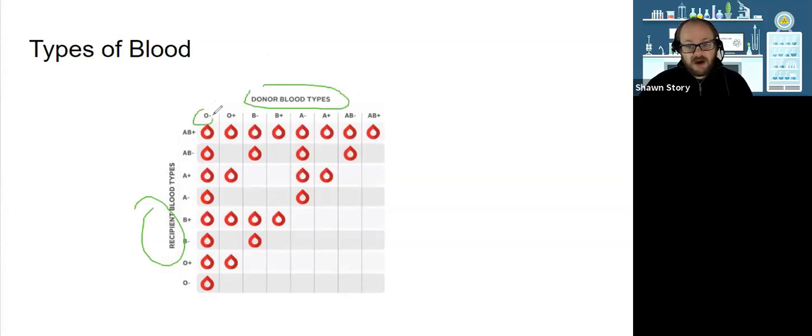And like they were saying, O negative is the universal donor, because O negative can go to anybody. Anybody can receive O negative blood, but AB positive can only receive AB positive. So AB positive is the least restrictive, O negative is the most when you're talking about giving.